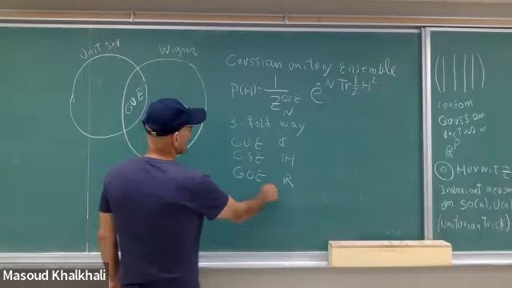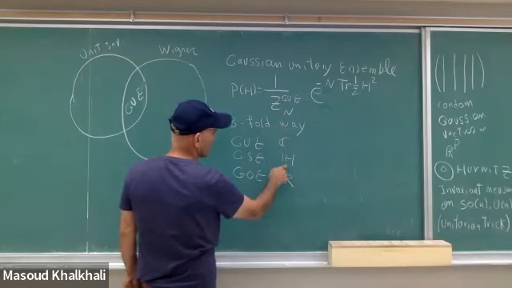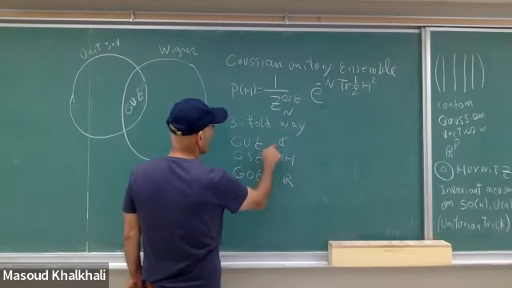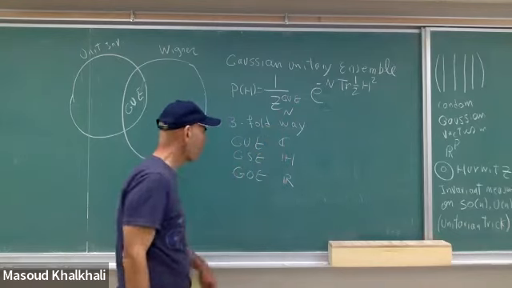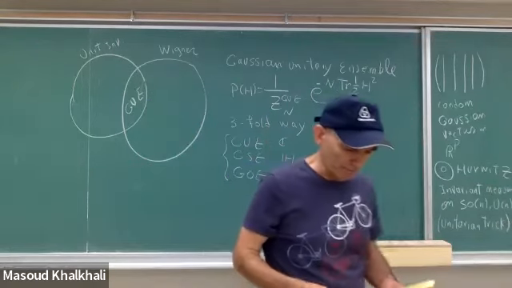Same type of definition, you work over R. Same type of definition, you work over quaternions. So these are the three famous classes that are relevant.